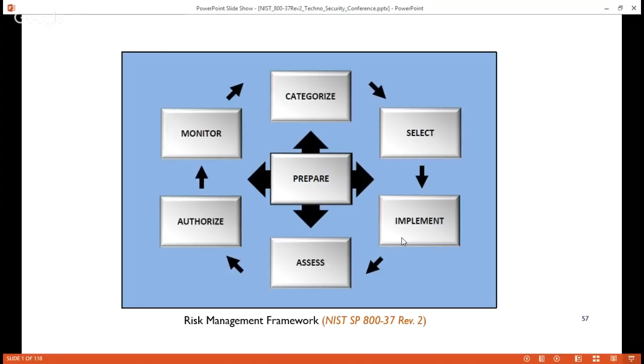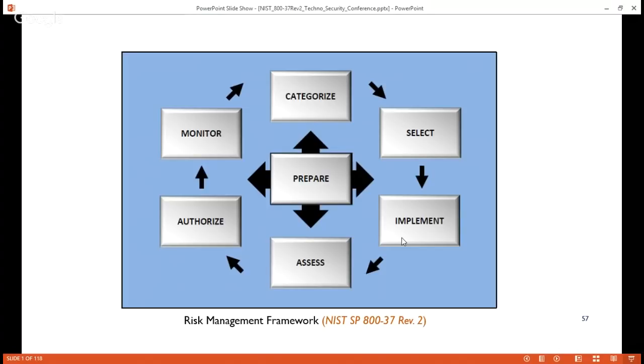In 837 Rev 2, they've added a prepare step. So you start with preparation, and in another publication or on my blog, I will really flesh out what that prepare step looks like, but you prepare to begin doing this process.